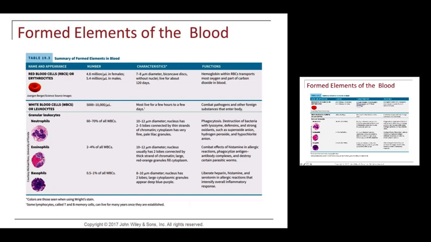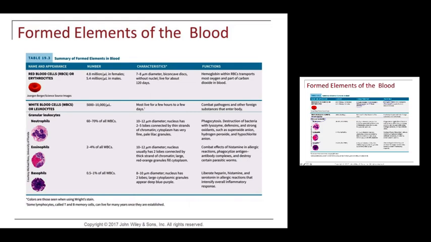They live for 120 days. And then we know what happens after 120 days, right? You can review that slide of what happens to an RBC and what it's broken down to. The function is to store hemoglobin so that hemoglobin can bind and transport those gases, carbon dioxide, oxygen, and nitrogen oxide. The white blood cells, the neutrophils, the eosinophils, and the basophils, these are the granular white blood cells.